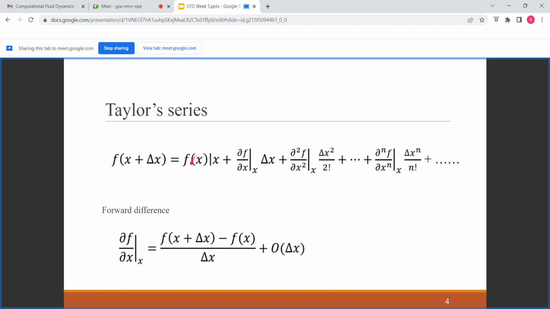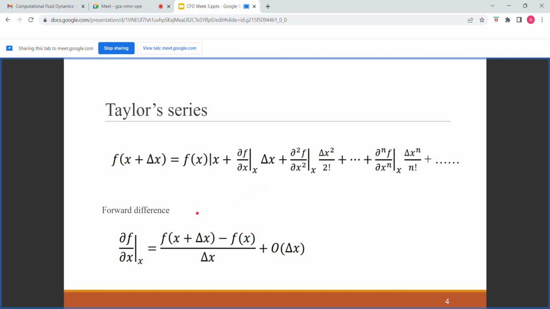So when this term goes over that side, the entire expression is divided by delta x. So these are the terms that are truncated. If it is divided by delta x, we'll get only one delta x remaining over here. In that sense, we will be using the term first order accurate, since we are having only one delta x. In that case, it is first order.